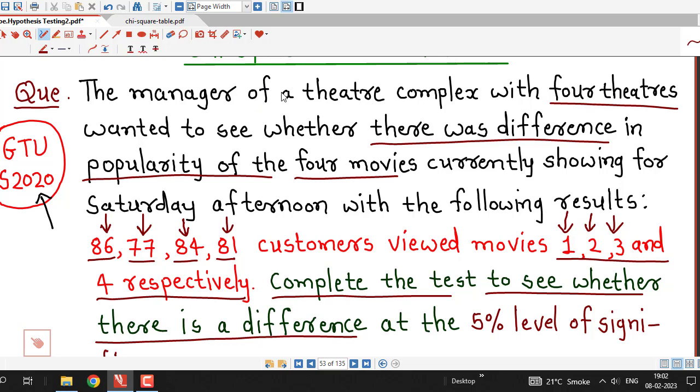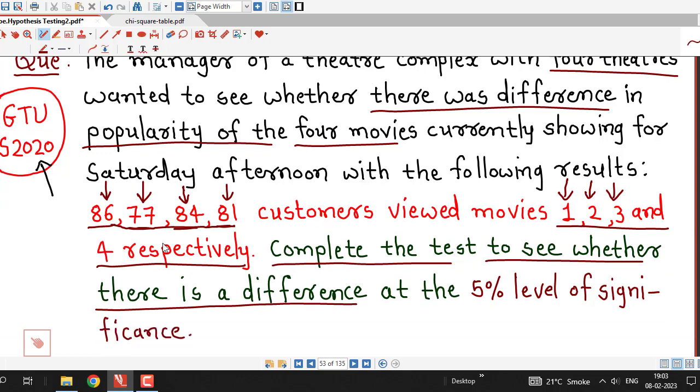So the manager wants to see whether there is any difference in the popularities of the 4 movies, and for that he has this data in which they have taken customers who have viewed movies number 1, 2, 3 and 4 respectively.